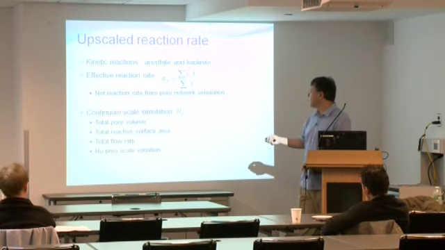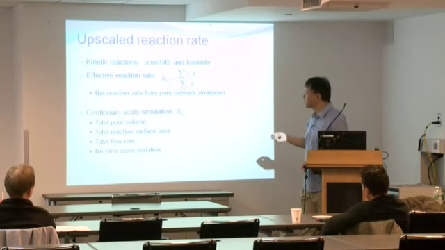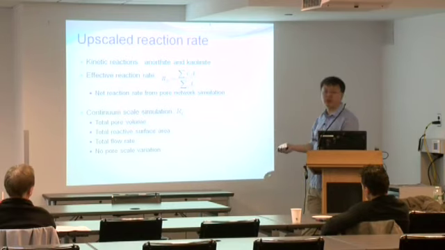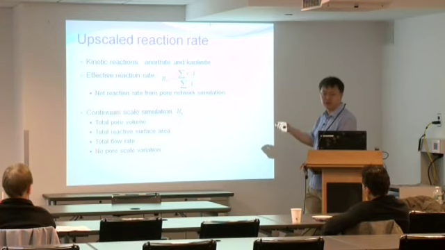And we can compute this reaction rate of the 2 kinetic reactions from this continuum scale simulation, and then this reaction rate does not have any pore scale variation. So we can see this pore scale variation by comparing these 2 reaction rates.